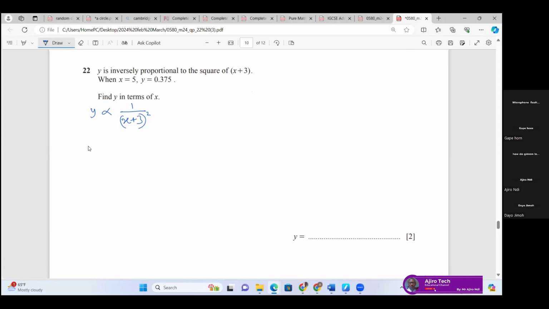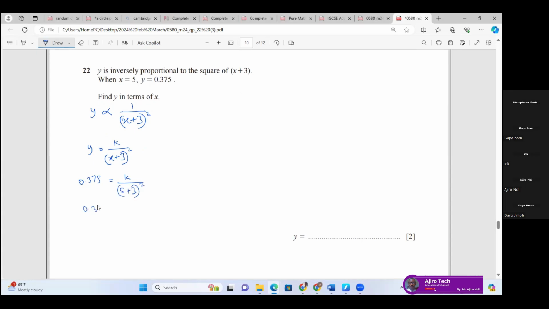Y is inversely proportional to the square of x plus 3. So y varies inversely as x plus 3 squared. So you can write y equal to k over x plus 3 squared. Now use these 2 instances. When y is 0.375, x is 5, plus 3 all squared, 0.375 becomes k over 64.